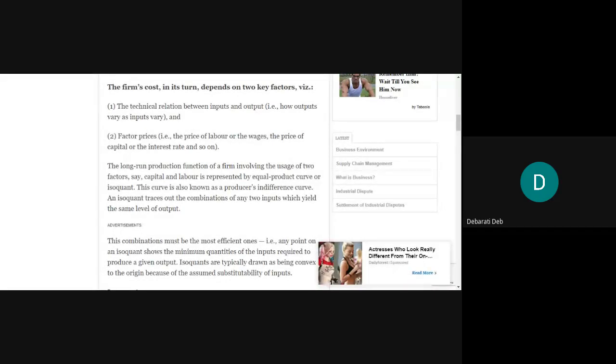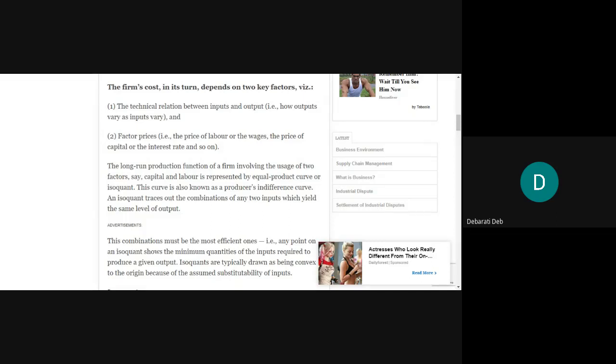And we tried to define the two factors on which the firm's cost depends. The first factor that we identified is the relationship between the input and the output, that means the production function: how the input should be increased or decreased so that the output gets affected.